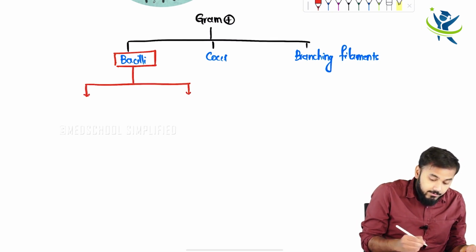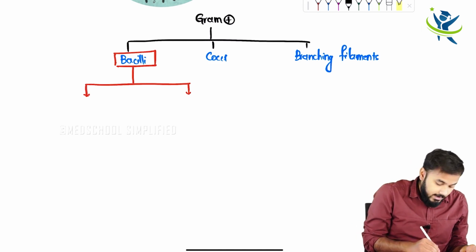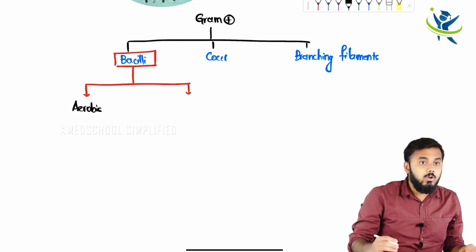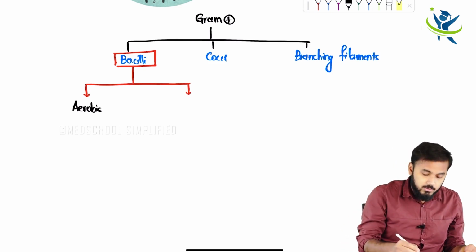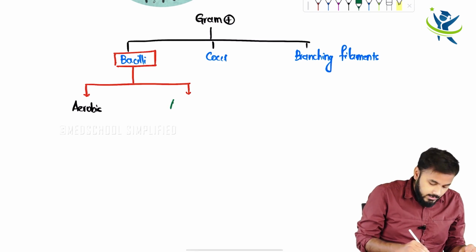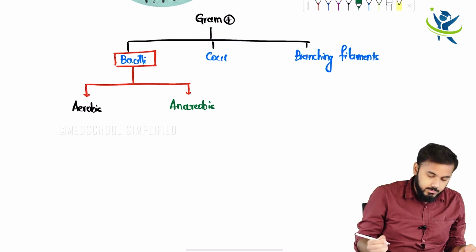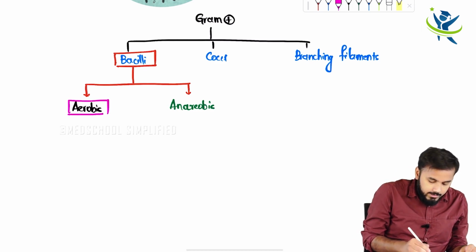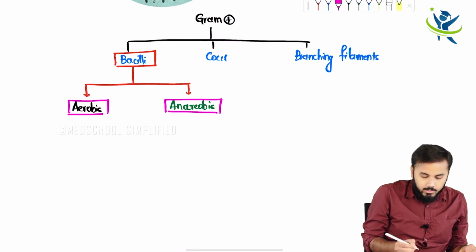Some can live in the presence of oxygen and are called aerobic organisms. Some die in the presence of oxygen, or live in the absence of oxygen, and they are called anaerobic organisms.